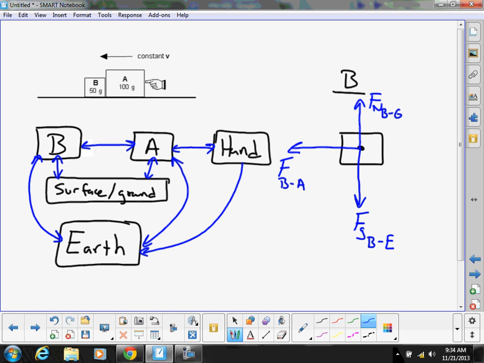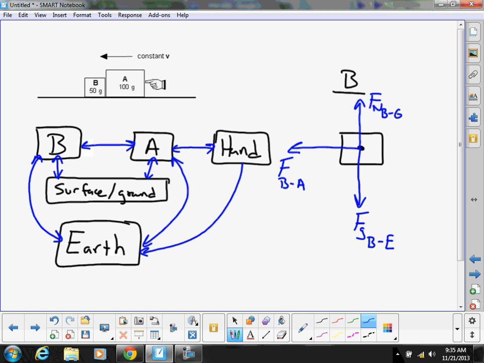And for right now, I'll just throw this out there for you. If something is moving at a constant velocity, it has to have balanced forces acting on it. By balanced forces, that means that all the forces, if we added them up acting on a block, have to come out to 0.